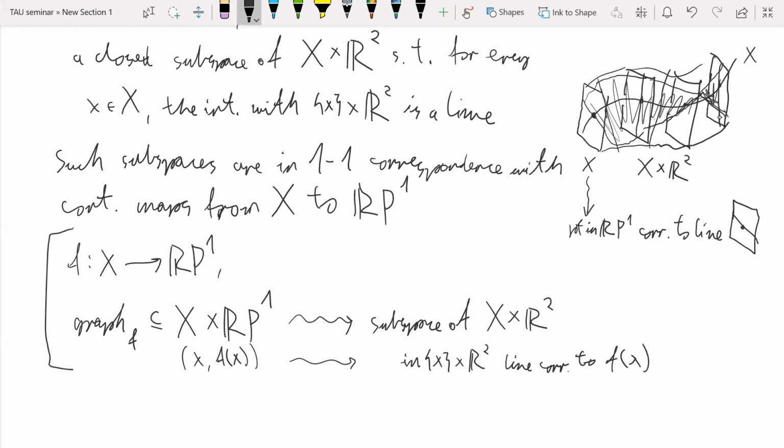So yes, in this sense, we can also view it as the correspondence with the graph of such a continuous map. But we also have to do this translation from RP1 to R squared.